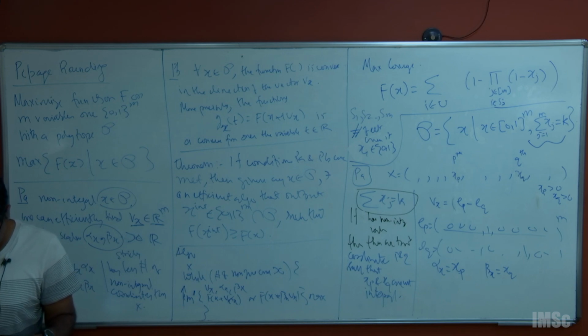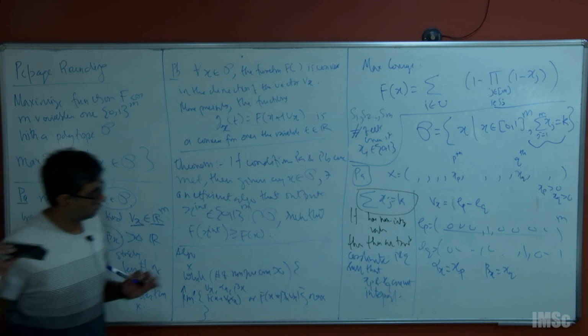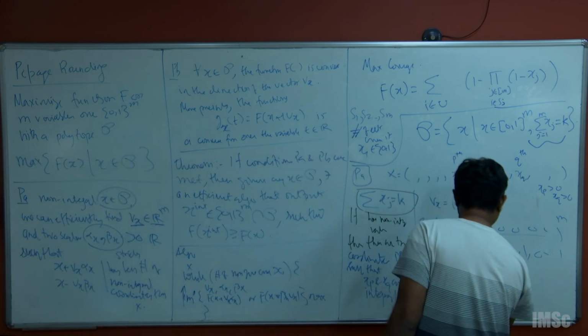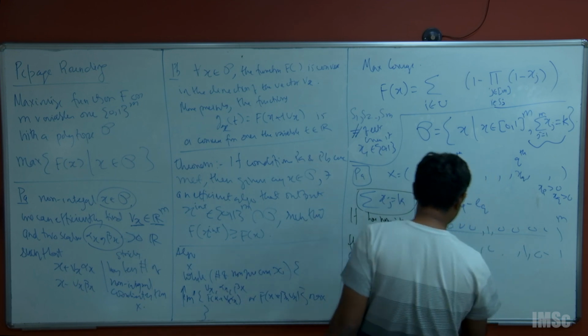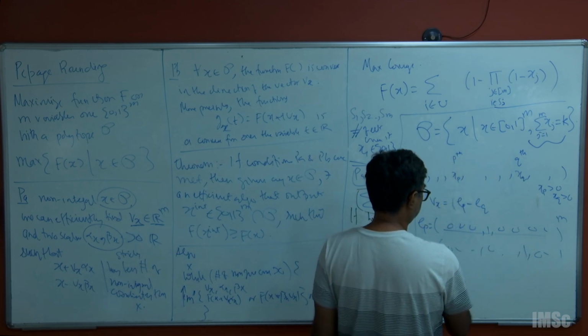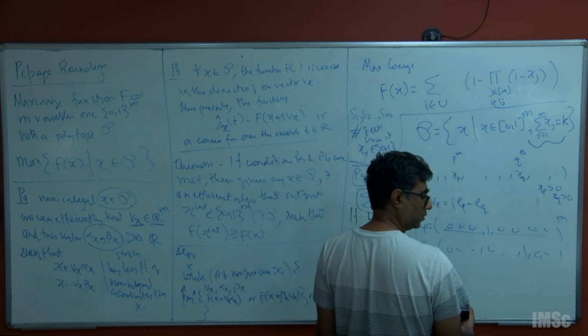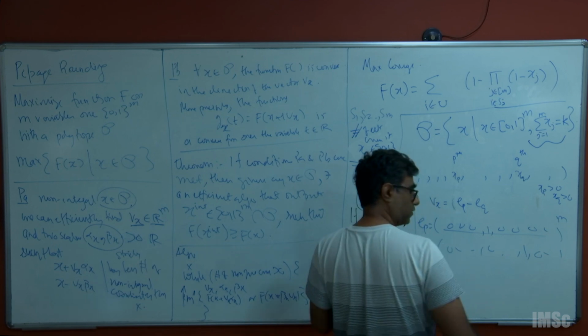You understand what I'm saying? Wait. Okay, this is not how I should say. EP is a characteristic... It's not a characteristic vector, Sushmita. That's not called a characteristic vector, right?